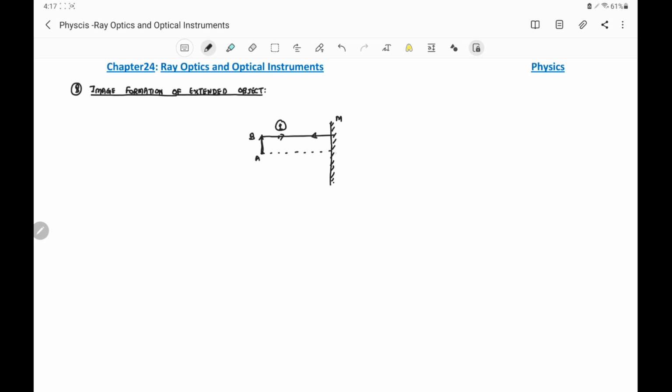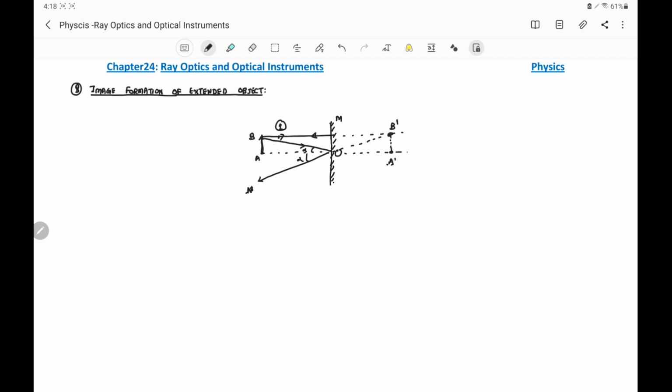Similarly, another ray strikes at the point O at an angle alpha, so its angle of reflection will also be alpha, and it returns along ON. Now we extend these two reflected rays backward and get a point of intersection, say B dash, and from B dash we drop a normal. This will give the image of the point A. So A dash is the image of point A, B dash is the image of point B, and A dash B dash is the image of the object AB.